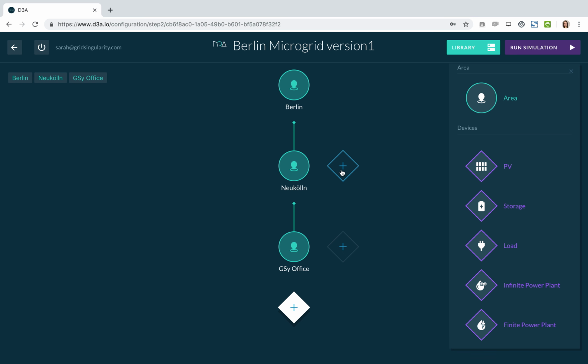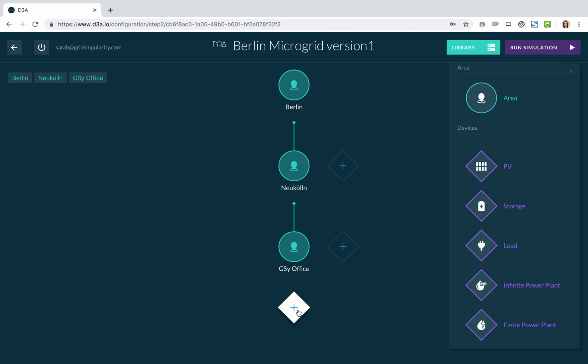So that way, if I have a device in the Neukölln market, maybe on a different branch here, it can trade with one of the devices in the GSY office market. So we have this hierarchical structure set up in order to incentivize local trading.